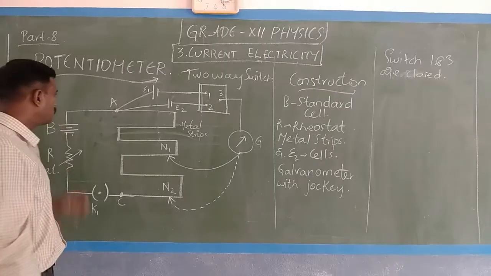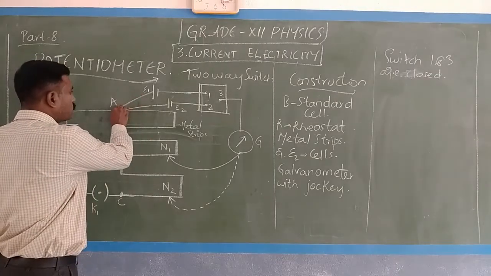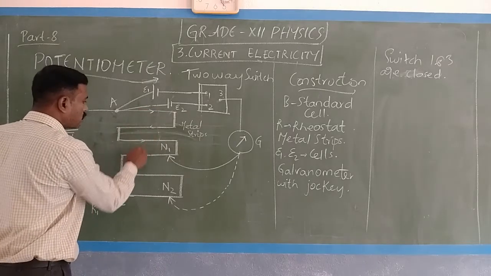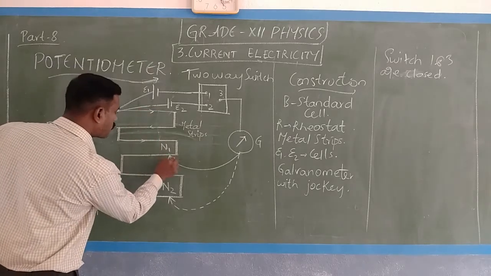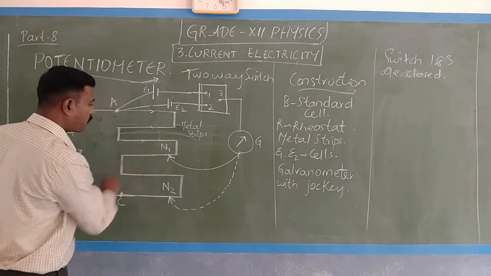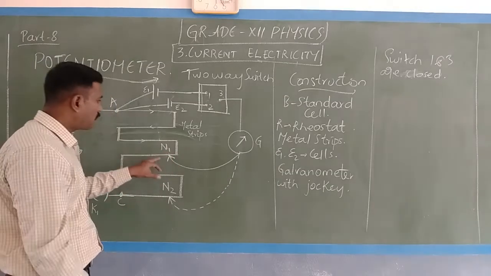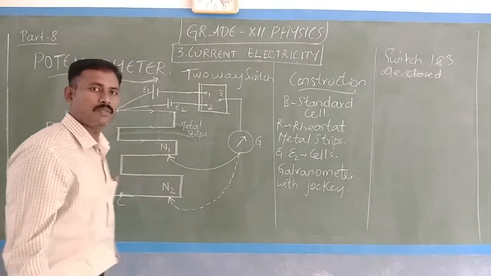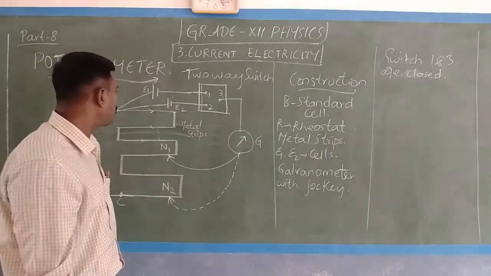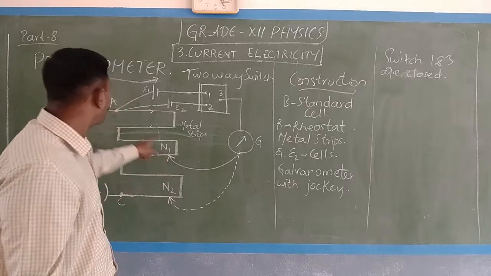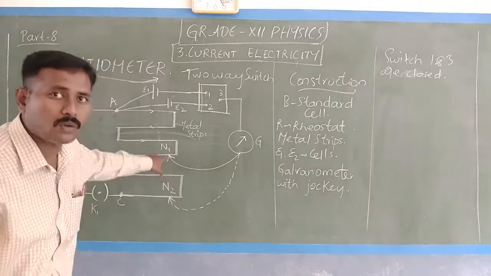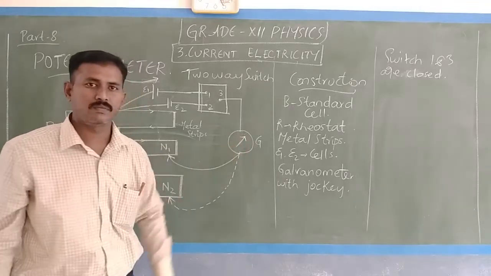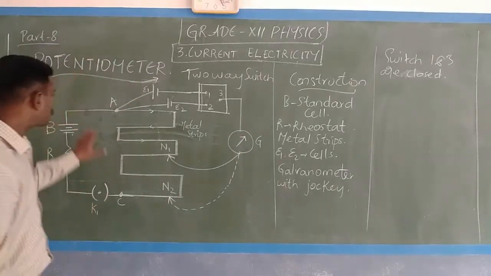Okay, so the current will flow here and it will flow here, come here, then at this point N1, it will be connected to the galvanometer. And between the point N1 and point A, ஏதாவது potential difference இருந்தா deflection இருக்கும்.